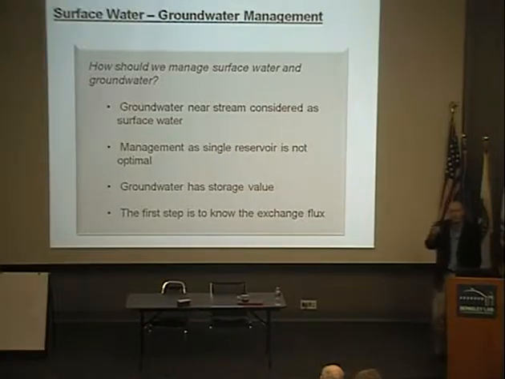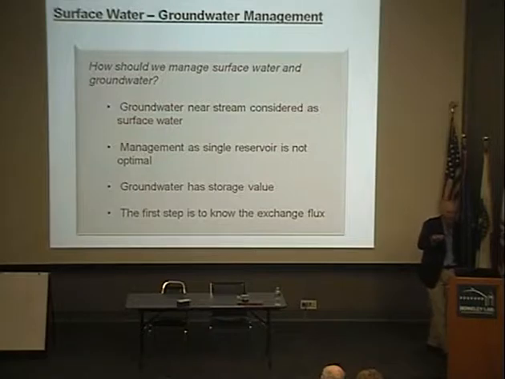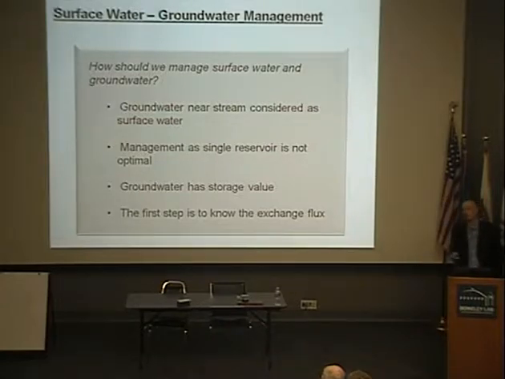It's clear we don't really know. I haven't seen a good example of conjunctive groundwater-surface water pumping, and I don't think we really know how to best manage them together, short of using a very sophisticated coupled model. It is clear, though, that one of the first steps is to know what the exchange flux is.